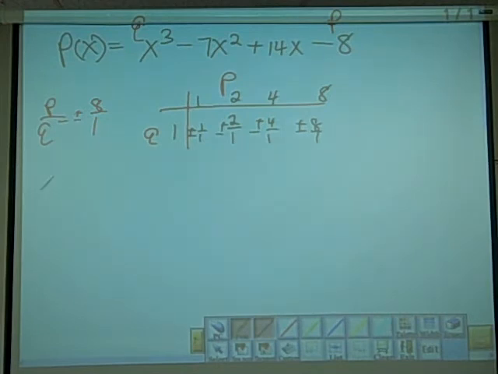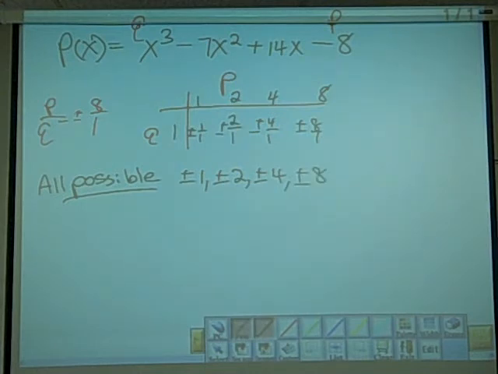So we can say that all possible zeros, emphasizing possible, are plus or minus 1, plus or minus 2, plus or minus 4, and plus or minus 8. Okay, so we're going to use those to help us find our zeros.